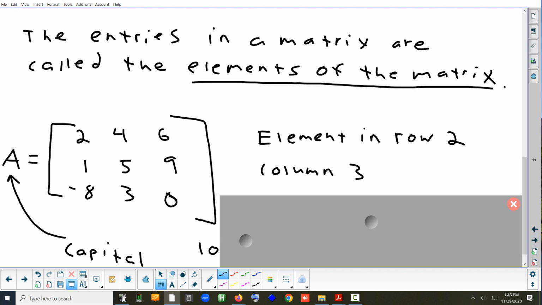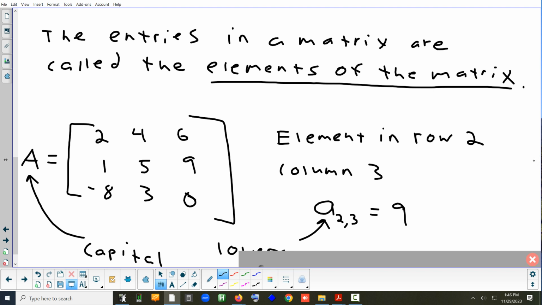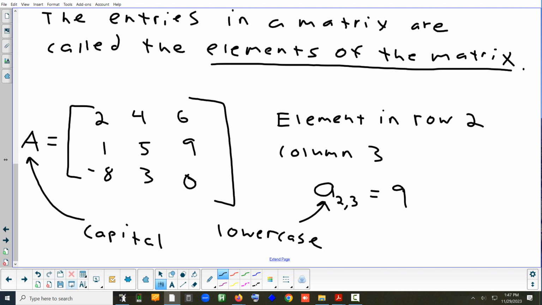If you want to abbreviate how you can say that, that's how you can write it. You use a lowercase letter corresponding to the name. So our name was capital A. If we want to refer to an element in it, we could use a small a. And then the subscript 2, 3 means row, column. So row 2, column 3.